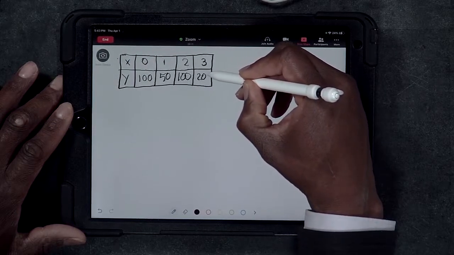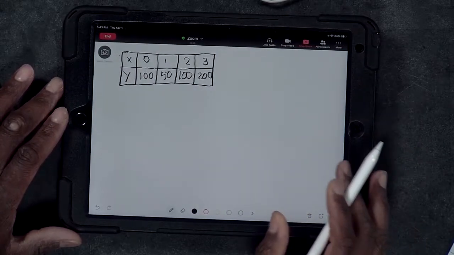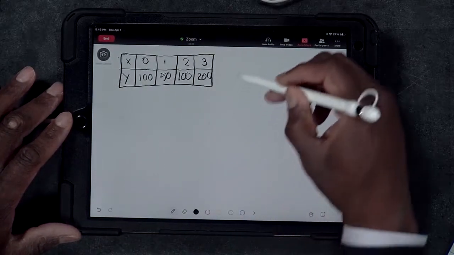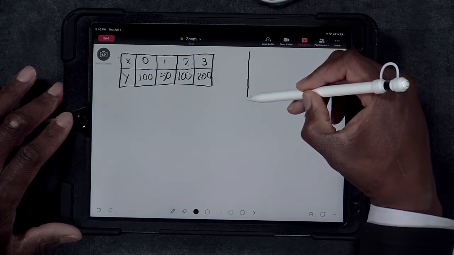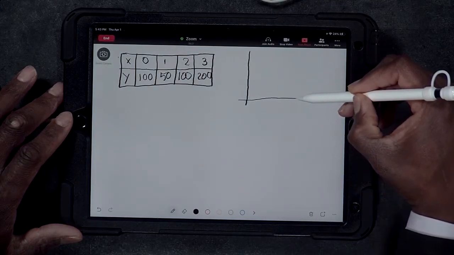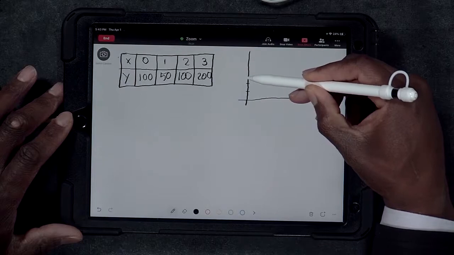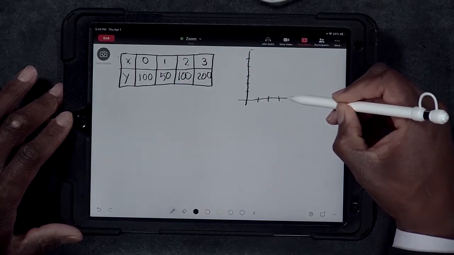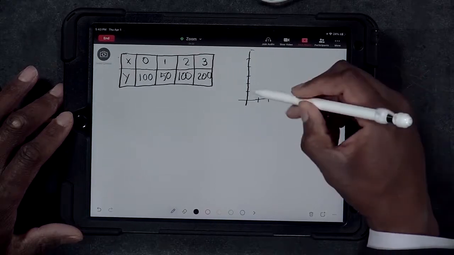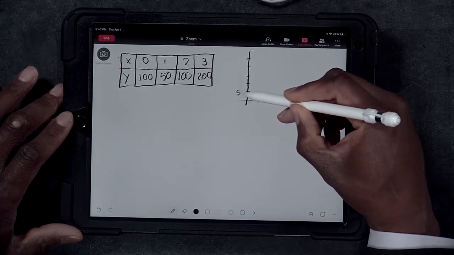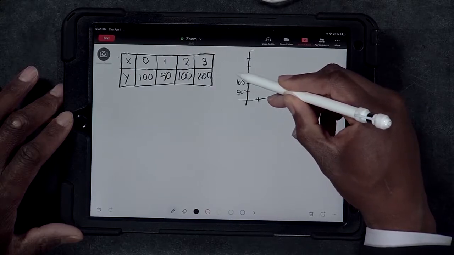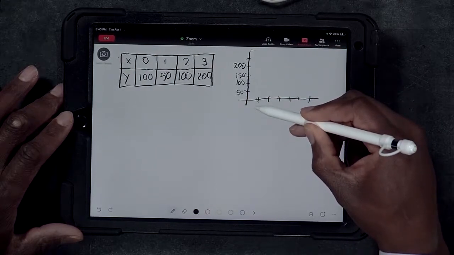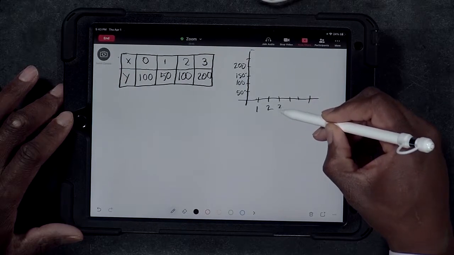So clearly, you don't have the constant rate of change that we experienced before. In fact, if I were to graph this very quickly, and let's count by 50, 100, 150, 200, and then we've got 0, 1, 2, 3.